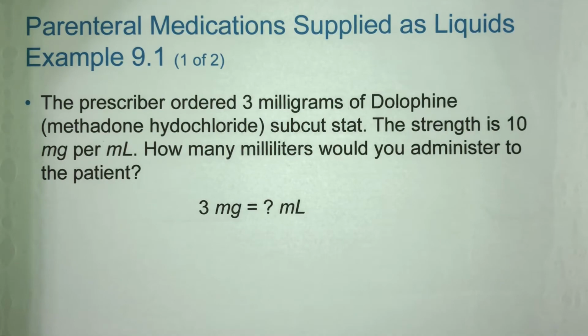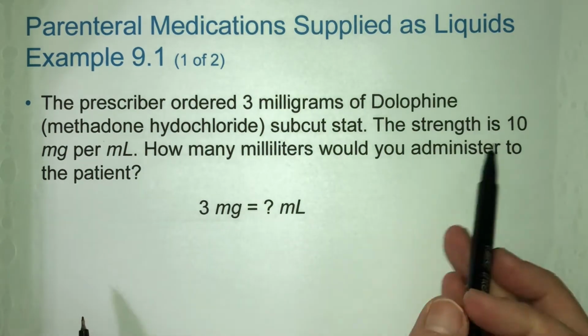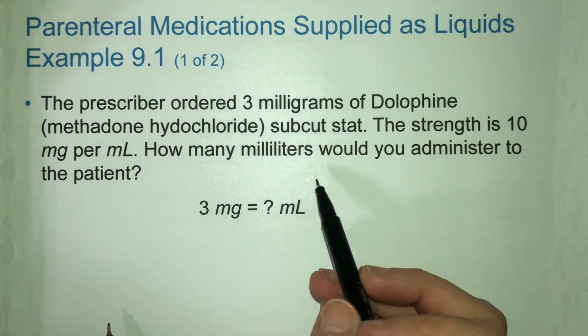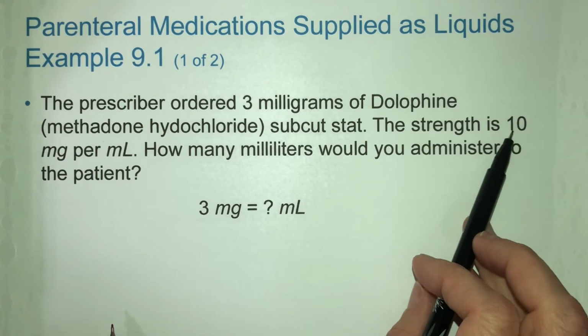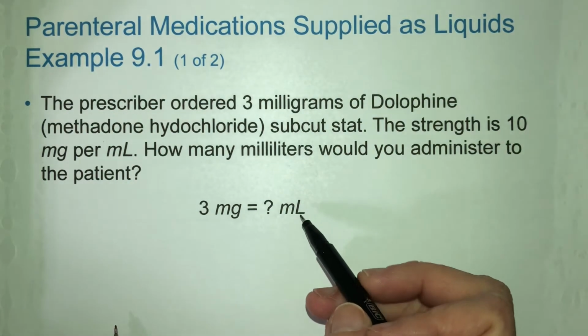Okay, like I said, this is regular dimensional analysis. And what we have to do is talk about our strength. We want to end up with milliliters. So whenever I take the information that I'm given, where we're told the strength here, we're given both the milligrams and the milliliters, I'm going to make sure that the milliliters are on top.